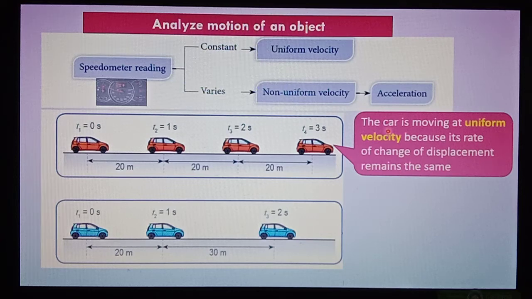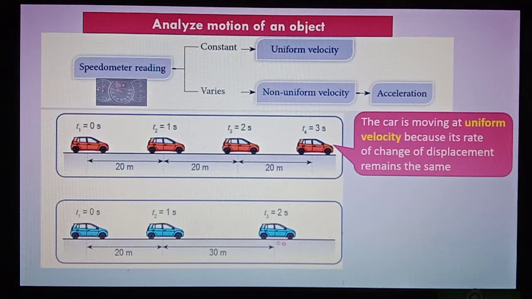The car is moving at uniform velocity because its rate of change of displacement remains the same. We have discussed earlier, velocity equals change of displacement divided by time taken. So for the same time taken, same displacement, meaning same velocity. This one we call uniform velocity.